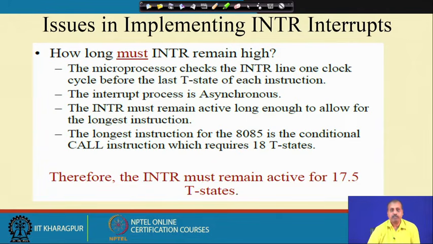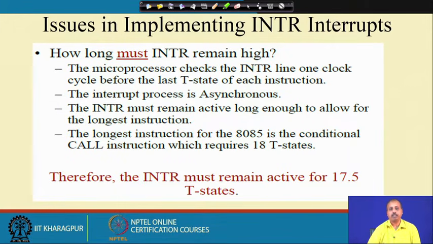In case of 8085, the longest execution time is for the conditional call instruction, which requires 18 T states. So, to be sensed properly, the INTR pin must remain active for 17.5 T states.